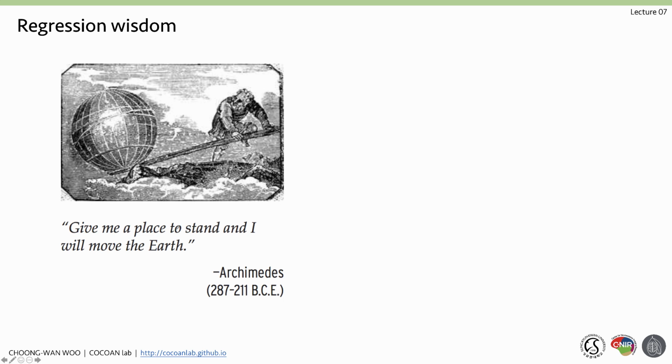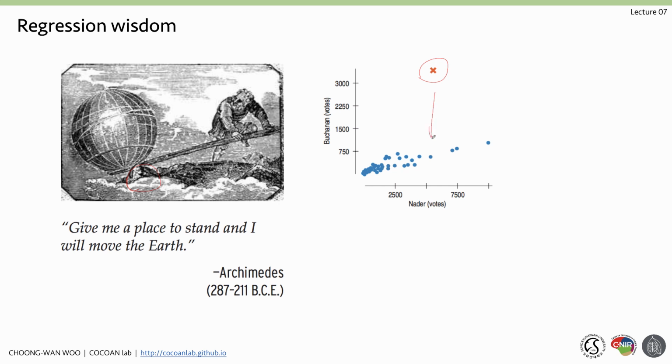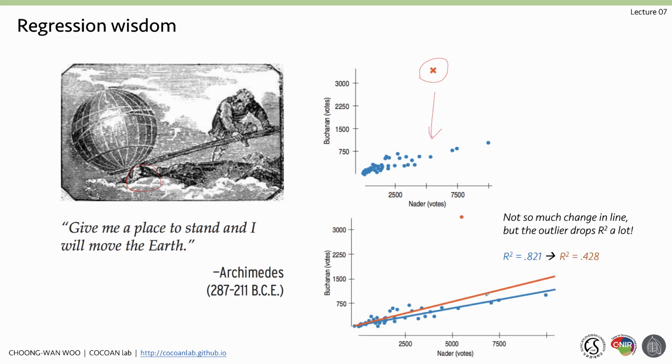There is a quote from Archimedes: "Give me a place to stand and I will move the earth." It's about leverage. In the regression model, if the outlier is located near the center of the line, it does not move the line that much, but the outlier drops R² a lot, so the model fit becomes really bad.